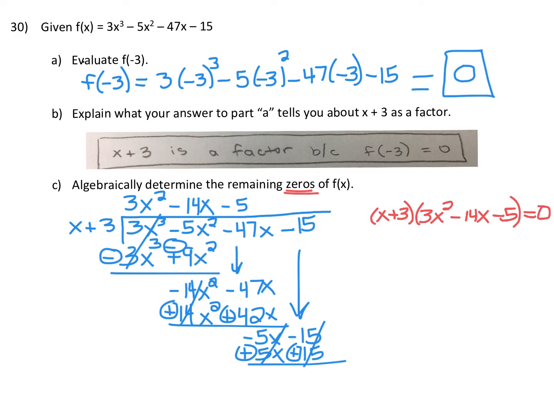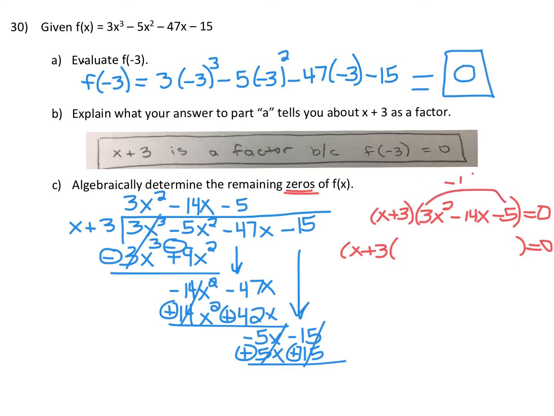Okay, so basically, I'm going to move this over a little just to give myself a little more room. I'm going to bring the x plus 3 down. And then I'm going to factor what's in these parentheses further. Now, because we have a number other than 1 in front of the x squared, we're going to have to do the rainbow.